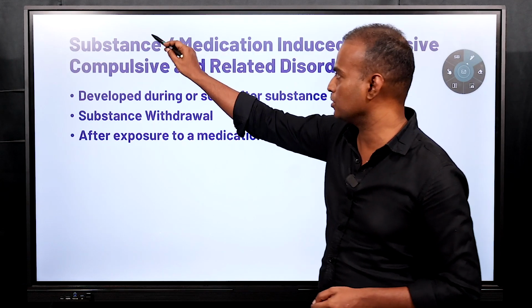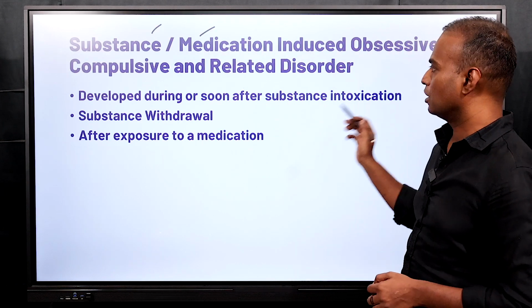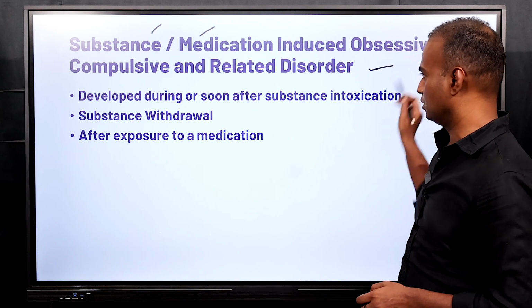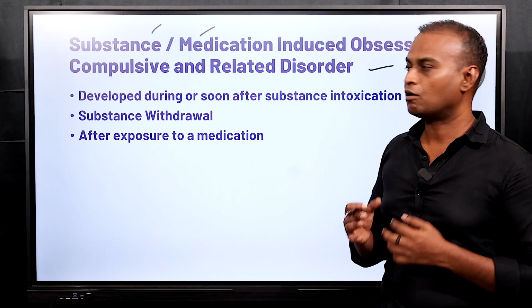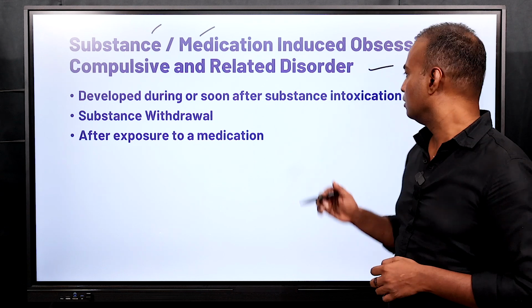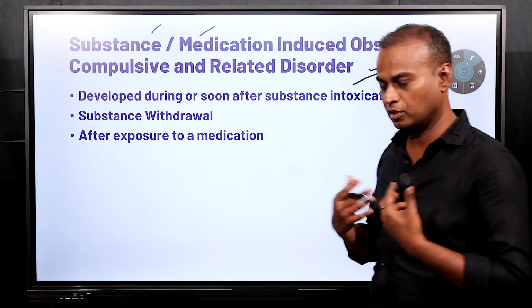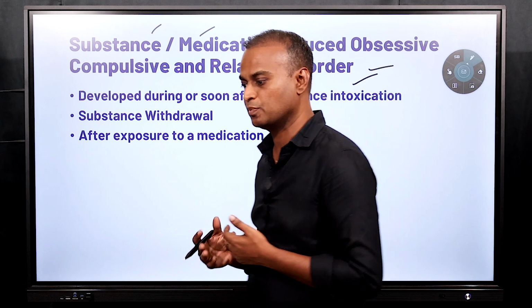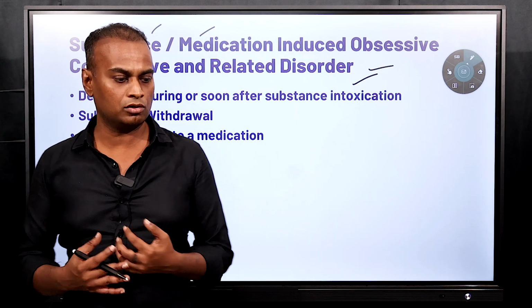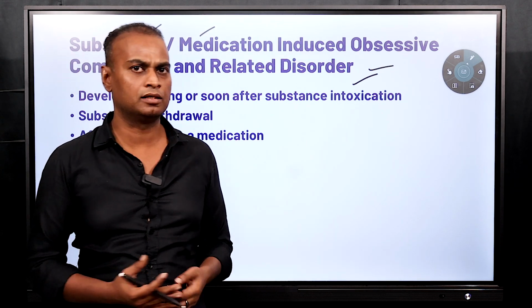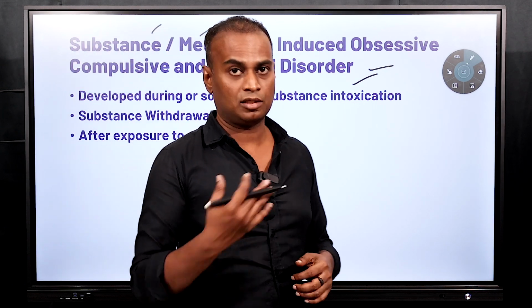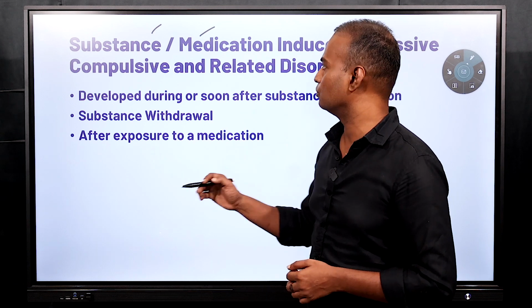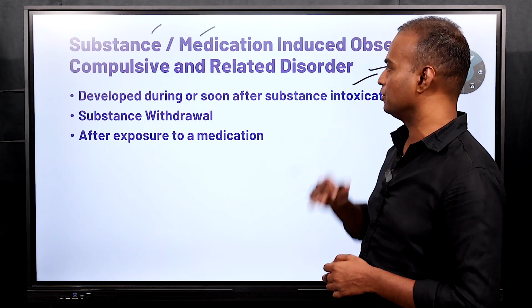Next one is substance or medication induced obsessive compulsive and related disorders. If you develop any compulsions and obsessions after taking a particular medication, or after intoxication, the best example being alcohol. If you take alcohol or any other intoxicant, and you start getting these obsessions and compulsions, then that is known as substance or medication induced.